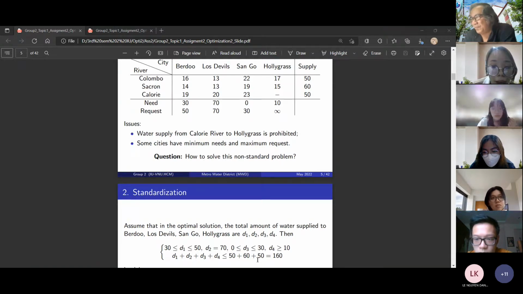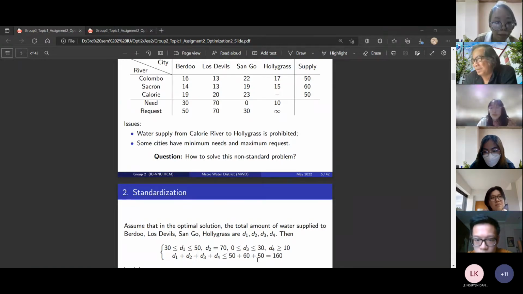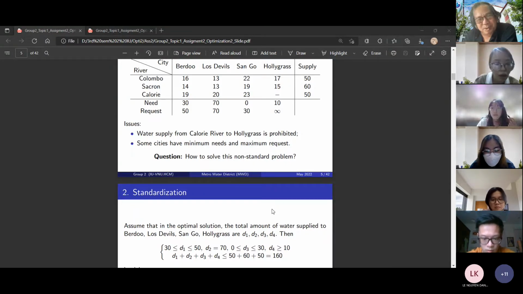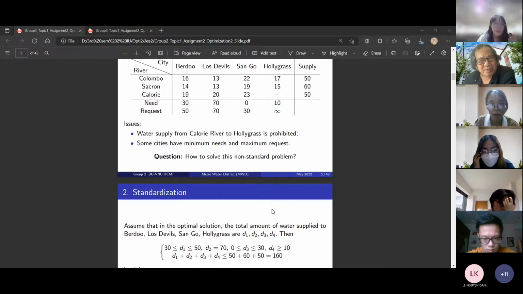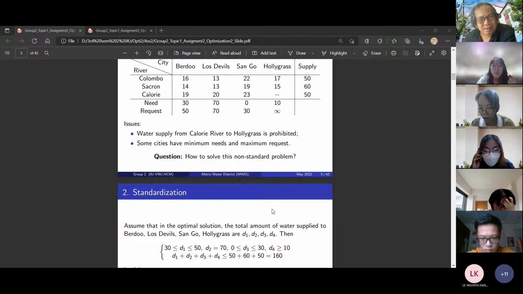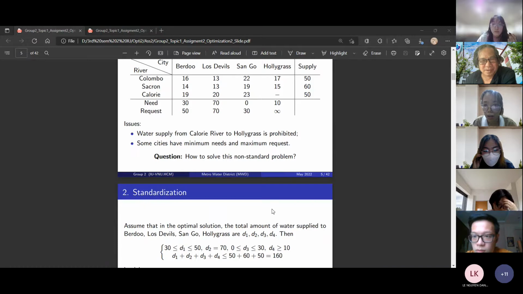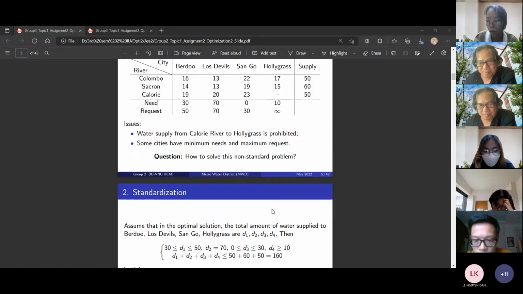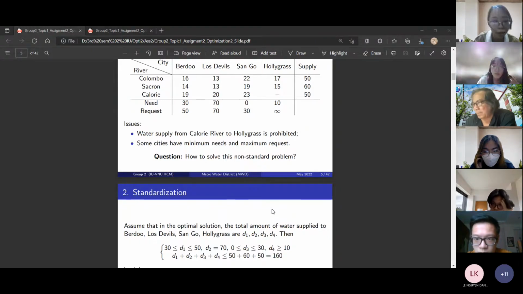What is the difference between the request and the minimum need? This is the demand in the standard form. But what does the request mean? In the book, they write something different, I think. The minimum need is that we need to supply at least that amount. The river must supply at least that amount.